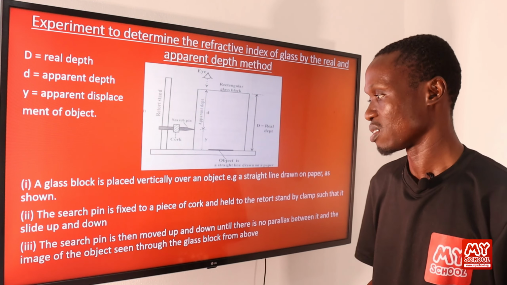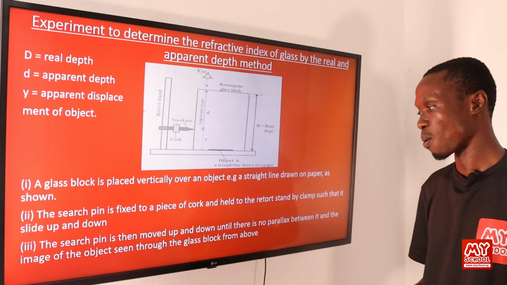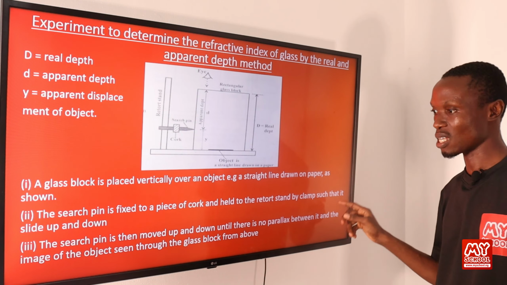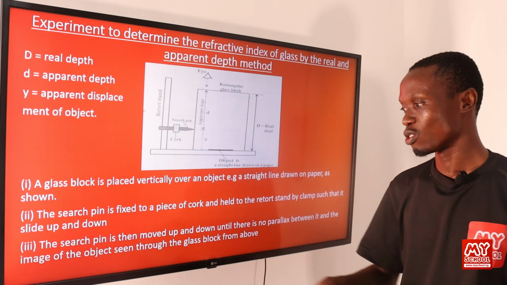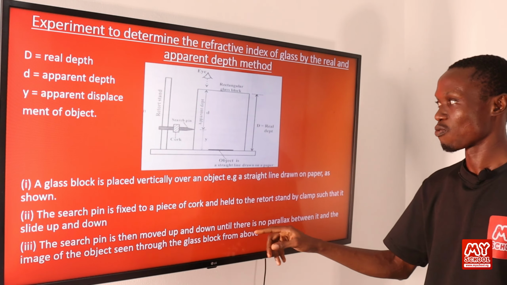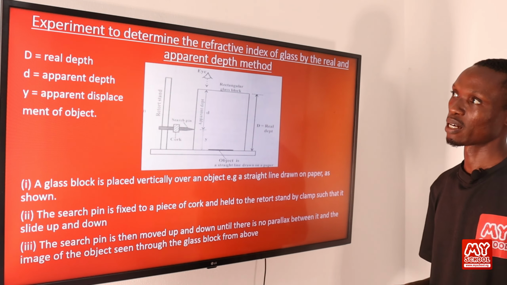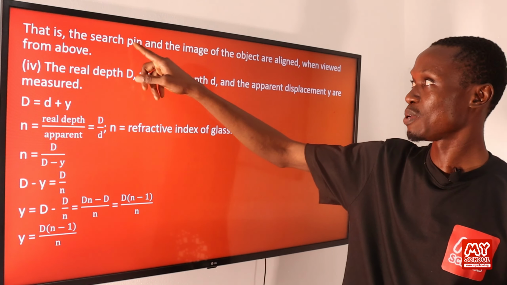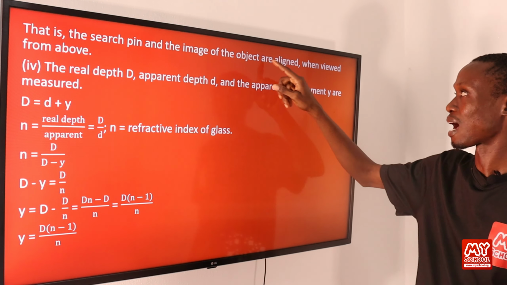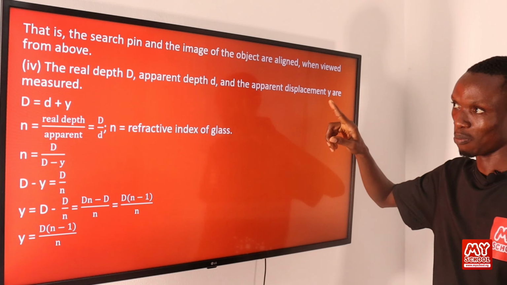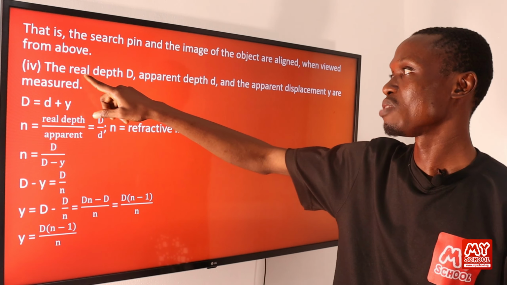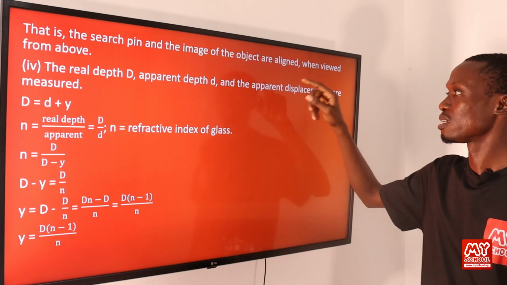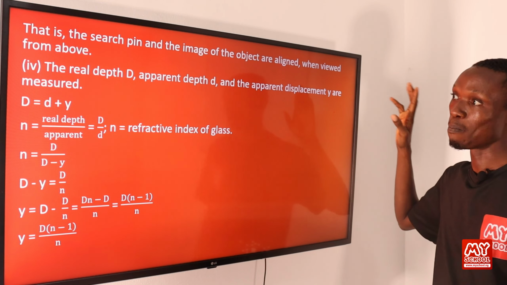Then 3, the search pin is then moved up and down until there is no parallax between it and the image of the object shown through the glass block from above. Let's move to the next slide. Now the search pin and the image of the object are aligned when viewed from above. Then the real depth D, apparent depth small letter d, and the apparent displacement y are measured.